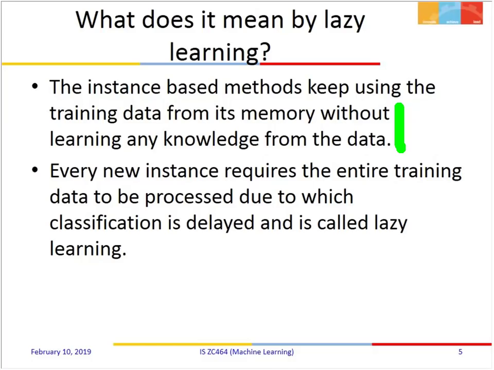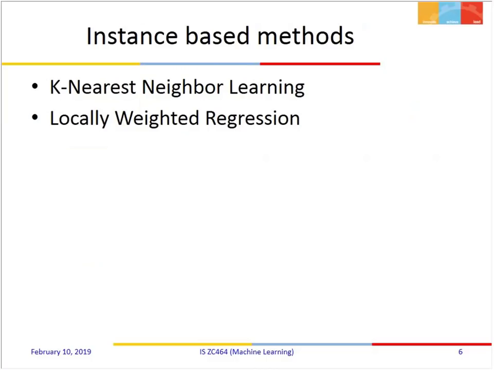So every new instance requires the entire training data to be processed, due to which classification is delayed, and it is called lazy learning. So what does it do? We have these two methods. We will be talking about k nearest neighbor learning and locally weighted regression.